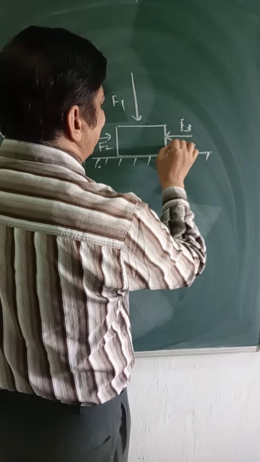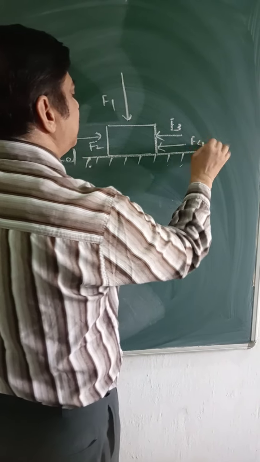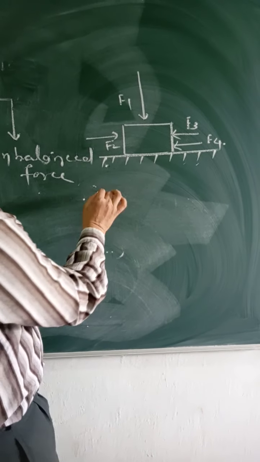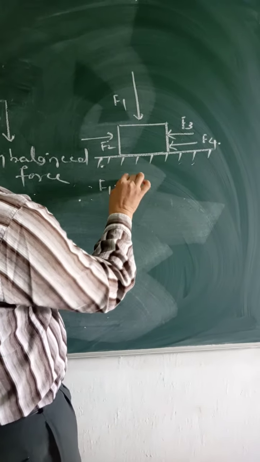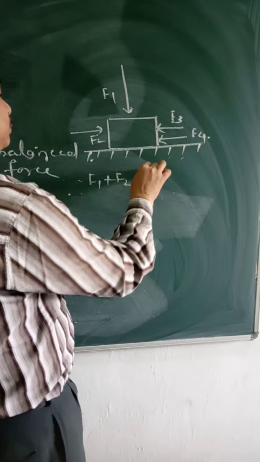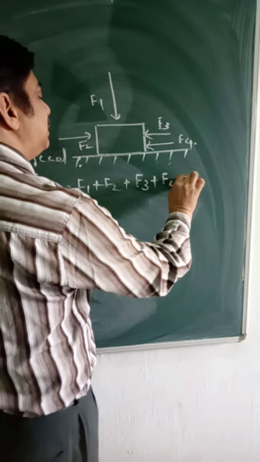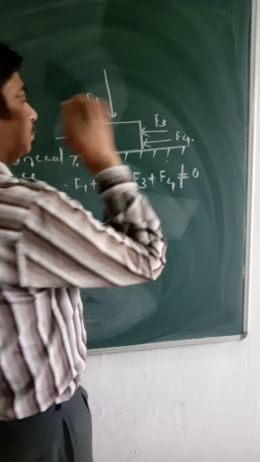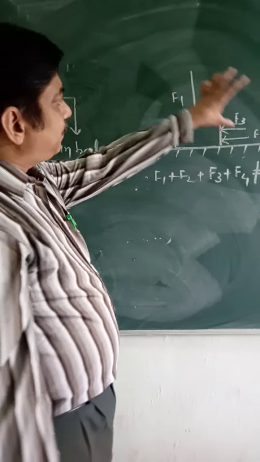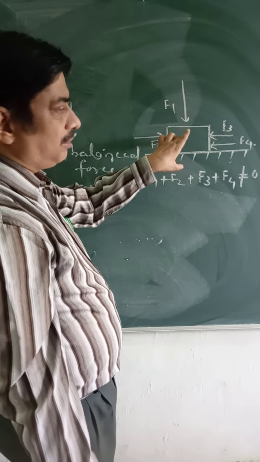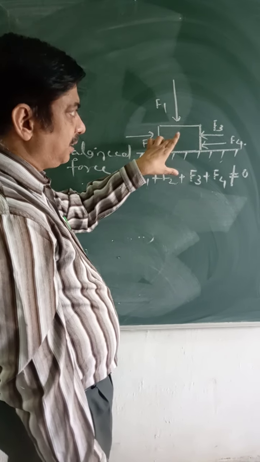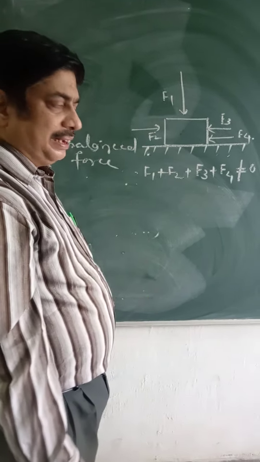One more force acted, F4. So here F1 plus F2 plus F3 plus F4 is not equal to 0. Then whatever forces are acting on that particular object are unbalanced.